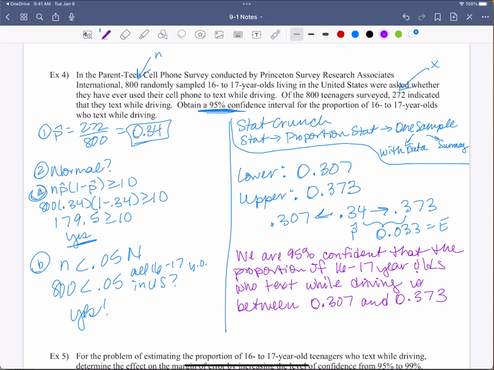Because remember, this is based on a statistic. I'm going to make this 3 a little bit nicer. Make this 307. We'll just do the whole thing.